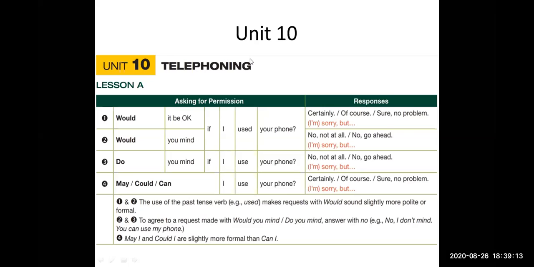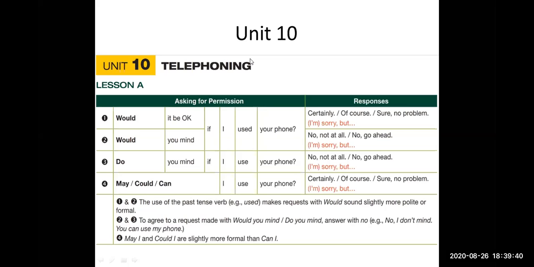Polite, a little polite, and informal. We use would when we are asking for permission, polite or formal. Do you mind is a little informal, and may, could, and can are informal.